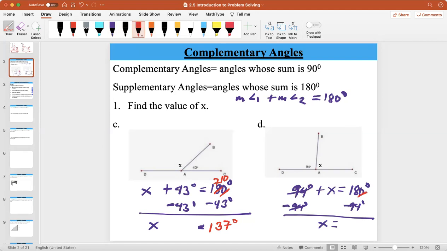By regrouping, 0 becomes 10, 8 becomes 7, so 10 minus 4, 6. But now, 7 minus 9 is not possible, so by regrouping again, 7 becomes 17, and 1 is now 0. 17 minus 9, you have 8. Okay. And that would be 86 degrees.